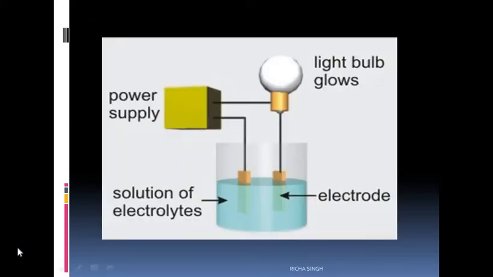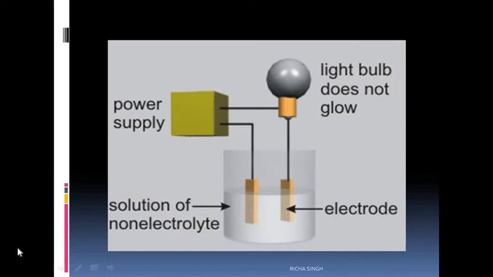Okay, see one more slide. Here you have a solution of electrolytes, and the light bulb glows. There is a power supply and therefore the light bulb is glowing. But in the next picture, a solution of non-electrolyte, the bulb is not glowing, because non-electrolytes are substances which do not conduct electricity.